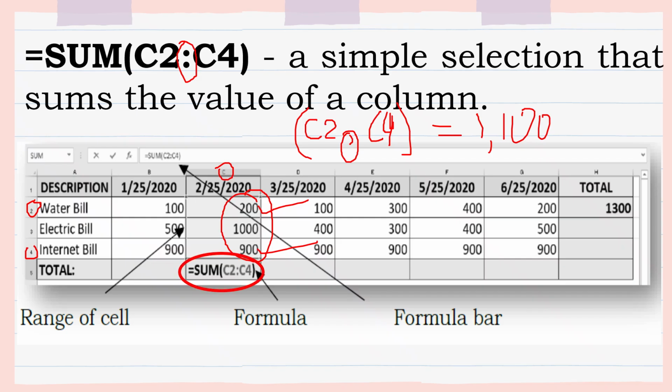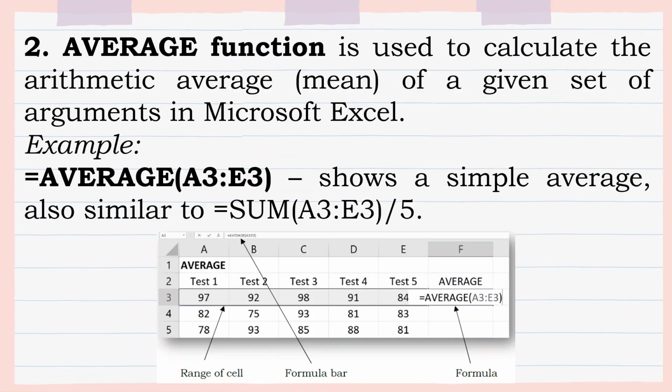Okay, next. Aside from the sum, we also have here the average function. It is used to calculate the arithmetic average or the mean of a given set of arguments in Microsoft Excel. Example, equal sign average, open parenthesis, we have A3. Where is A3?